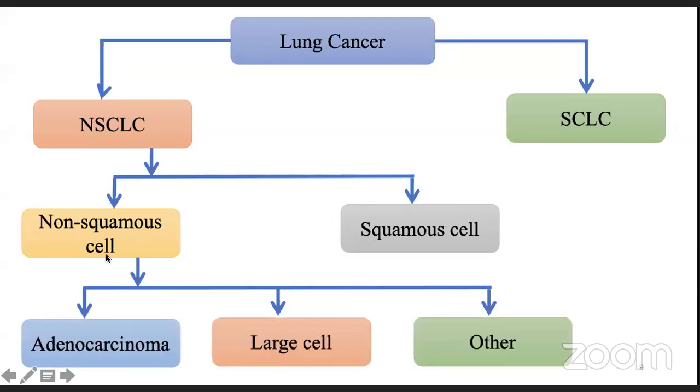Non-squamous can be divided into adenocarcinoma, large cell, and other types. So focus please on this: for non-small cell lung cancer, we further subtype into non-squamous, which includes adenocarcinoma, large cell, or others, and squamous, because the treatment is totally different.